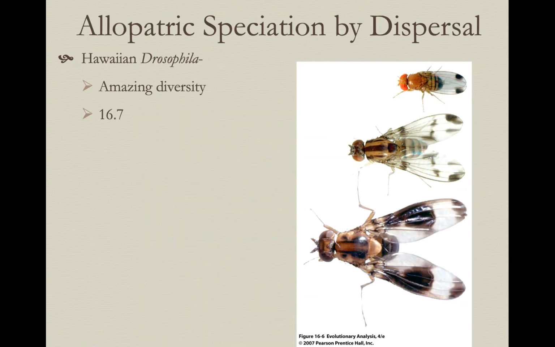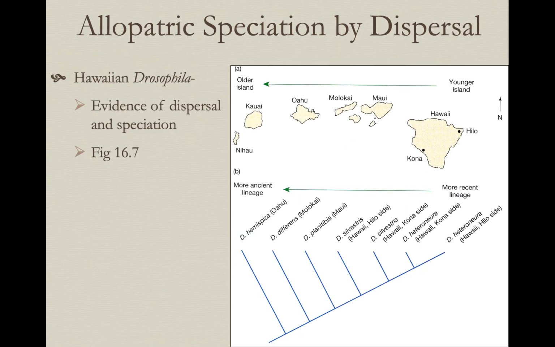Here's an example of allopatric speciation by dispersal. If you go to the Hawaiian Islands, the Drosophila there, the genus has so many species and it's amazingly diverse. Here's just an example of some of that diversity. If you collect flies on the different islands, do their phylogeny, and compare it to the history of how these islands formed, it shows a clear pattern of allopatric speciation by dispersal.